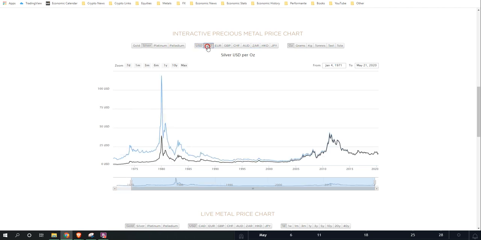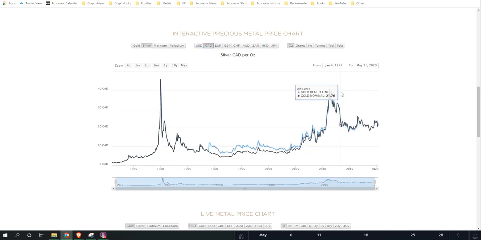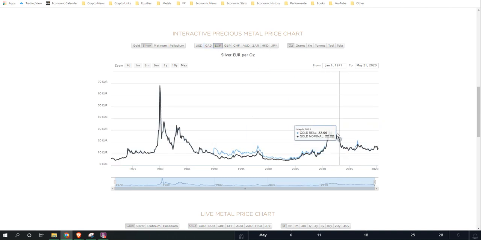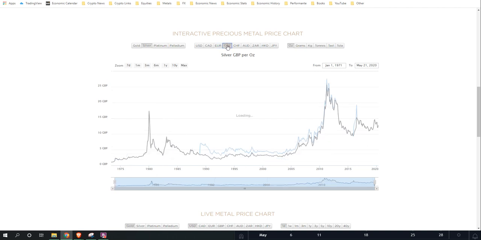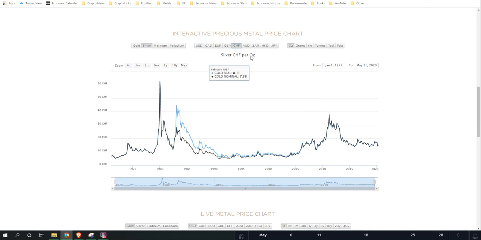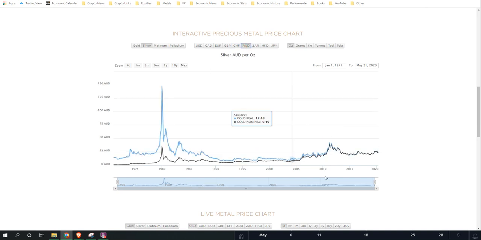So let's look at the US dollar. Canada, actually, Canada's doing pretty well compared to South Africa here. Euro, we can see, is a lot flatter. So Euro is not doing as good. GBP is doing pretty good. Swiss is doing pretty good. AUD is doing less because that is a lot lower down. So when the peak is higher, it's suppressing the price of gold, which means it's a lot stronger for that currency.